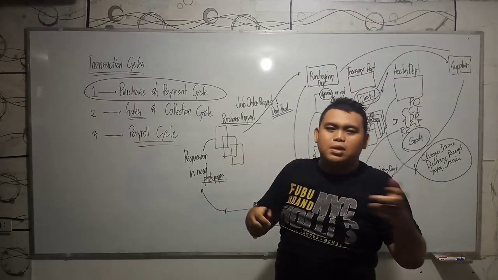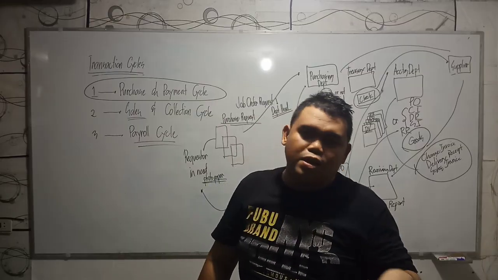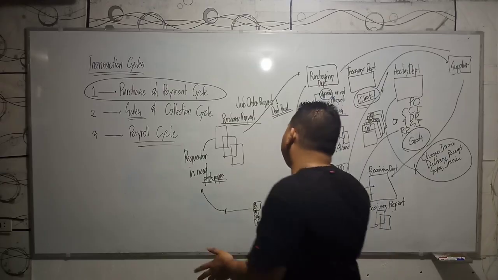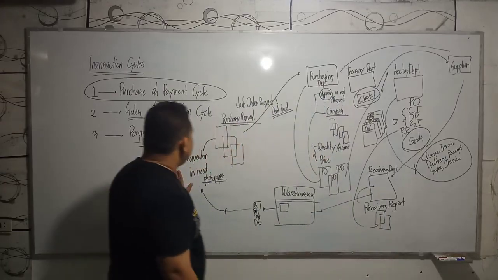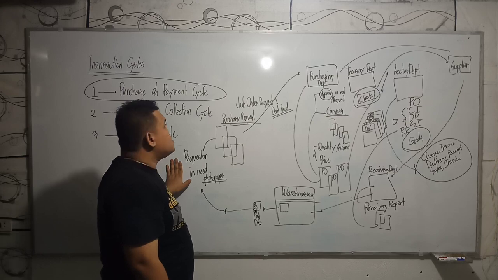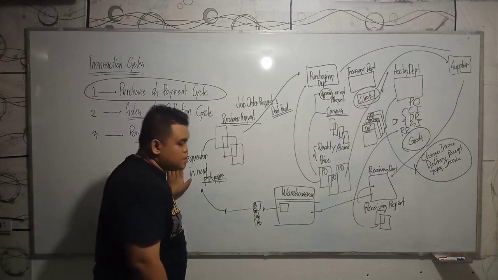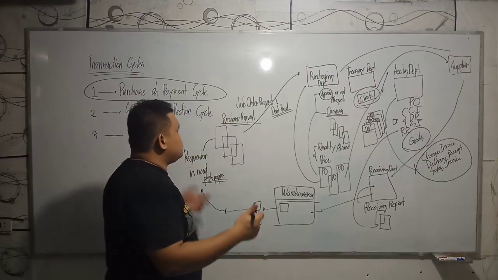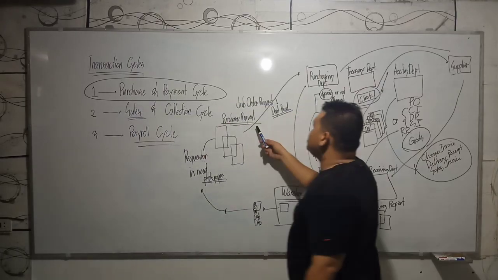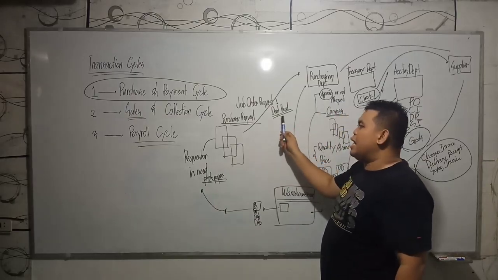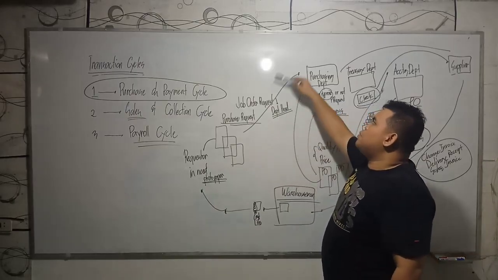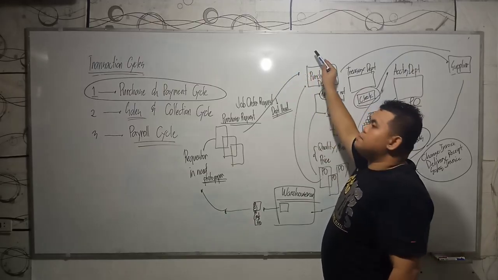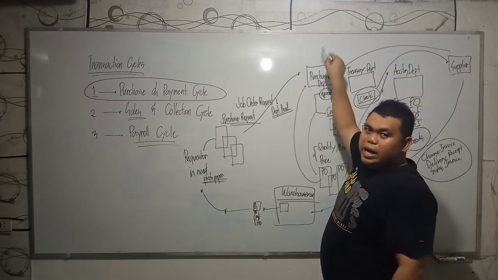But then again, there might be some additional steps depending on the top management so that it will strengthen their internal control. For example, we have the requester here, and if the requester wants to purchase an item that is expensive, like machinery or equipment, sometimes the approval of the purchase request does not only need the department head's approval, but also the president of the company or the vice president for finance, something like that, or the heads.